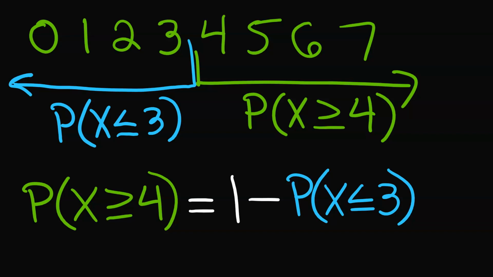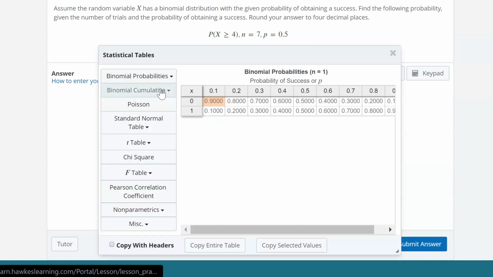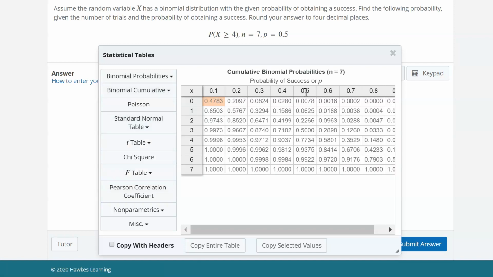So if we look back, we have an n of 7 and a p of 0.5. We can go to our cumulative binomial table, n of 7, p of 0.5. And remember, we're looking up the opposite of what we want. We're going to look up the probability that x is less than or equal to 3, which in this case turns out to be 0.5, or 0.5000.